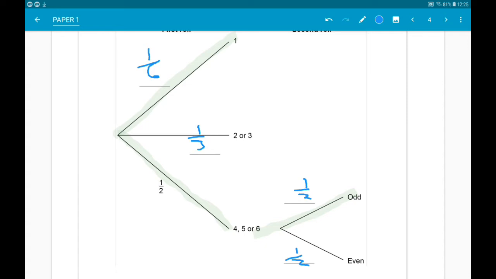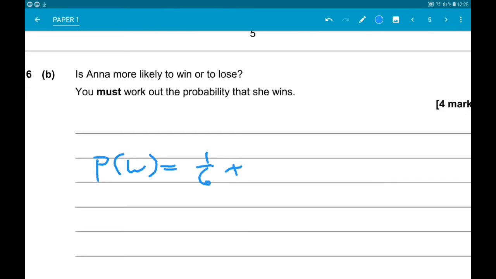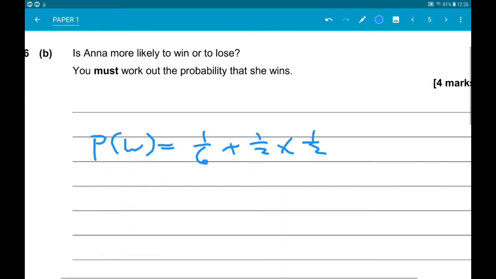When you go along probability trees, you multiply the probabilities together. So, 1/2 times 1/2. Okay, so again, when we multiply fractions, you do the top times the top over the bottom times the bottom.